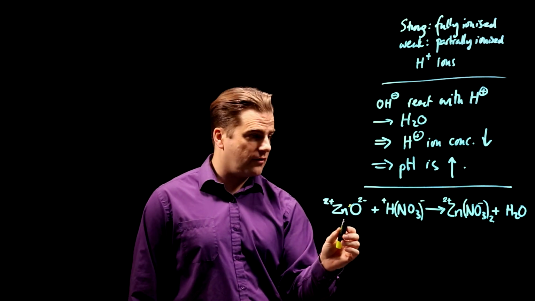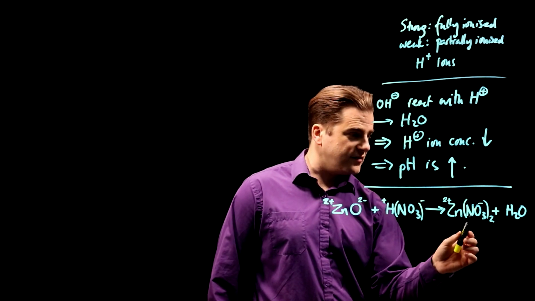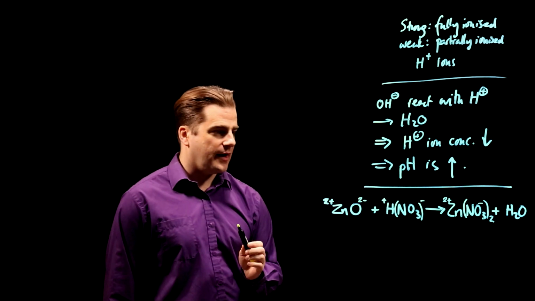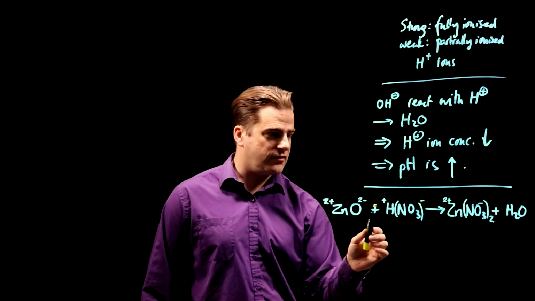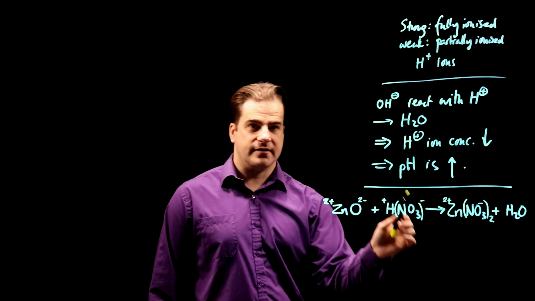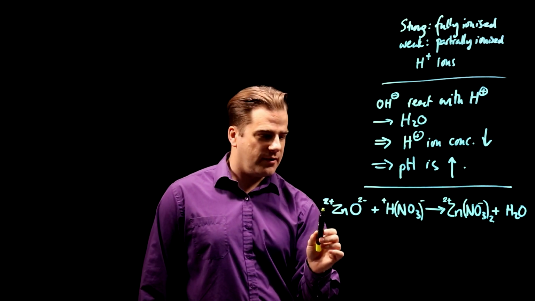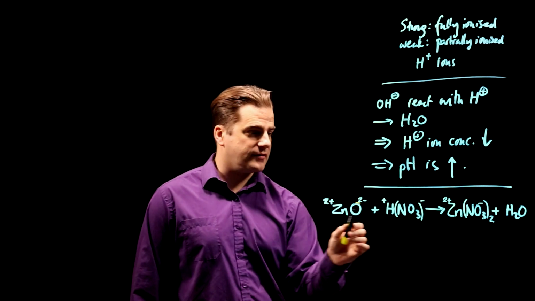So 4 oxygens on the left, but 3 times 2, 6 plus 1, 7 on the right. So we're going to have to add some more oxygens here on this side. Now, let's not do it there because that would change the number of zincs and they're okay. So let's do it here.